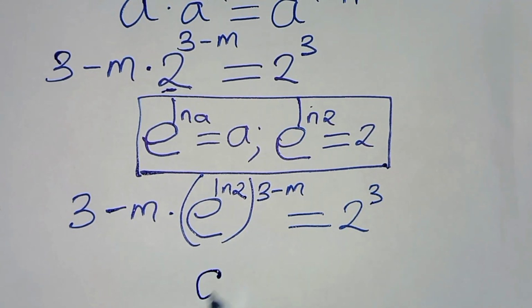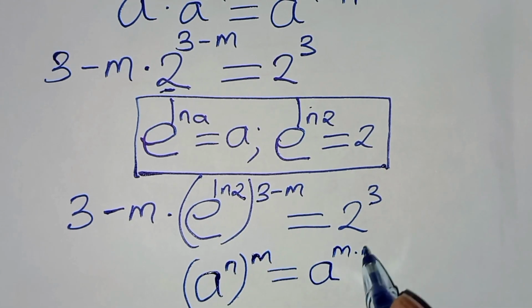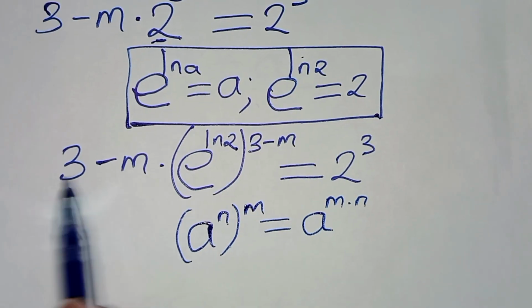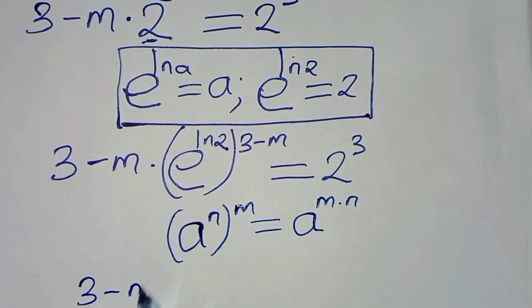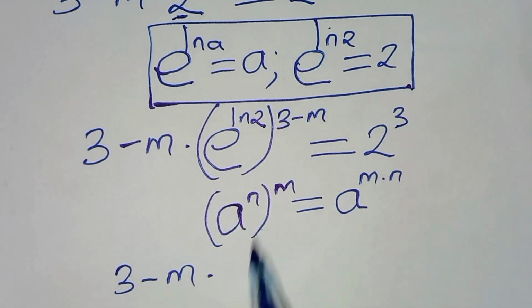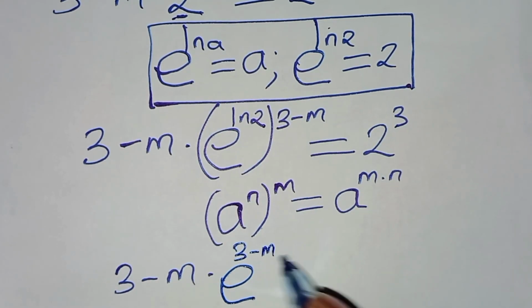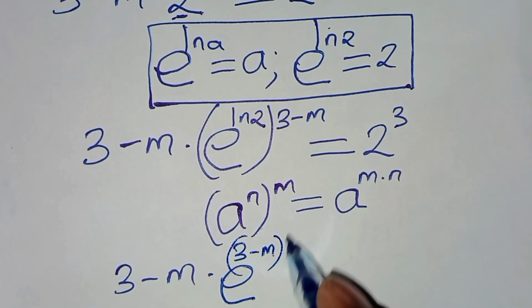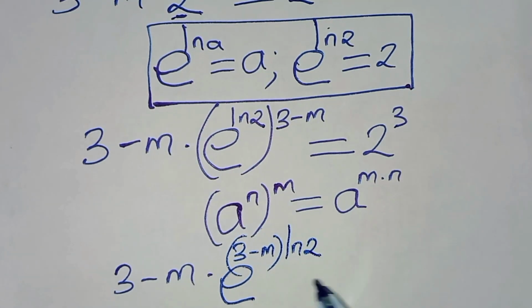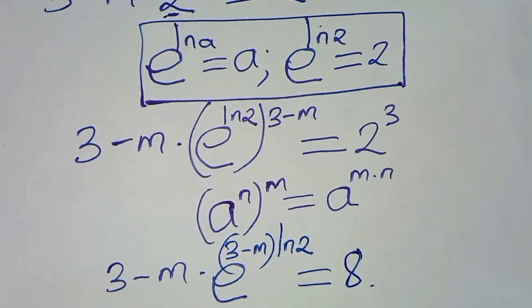Given that a to the power n raised to the power m can be expressed as a to the power m times n, applying this exponent property, we'll have 3 minus m multiplied by e to the power of 3 minus m multiplied by natural log of 2. This is equal to 2 to the power 3, which is equal to 8.